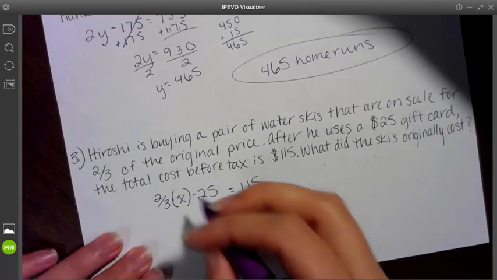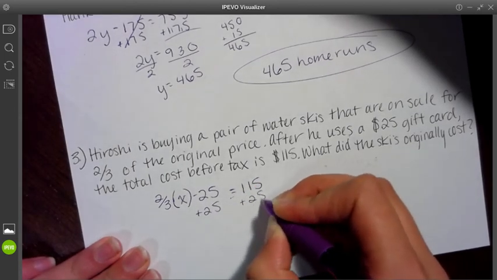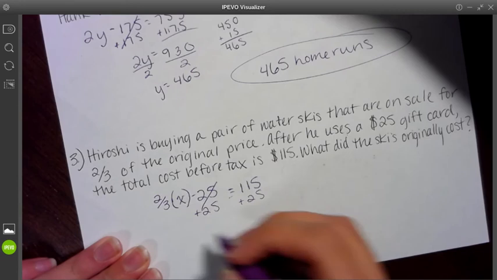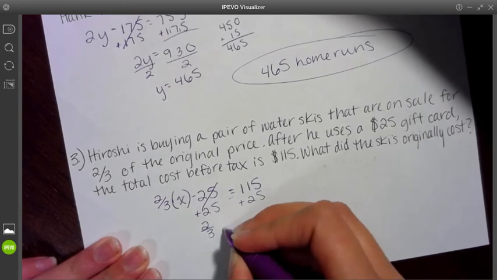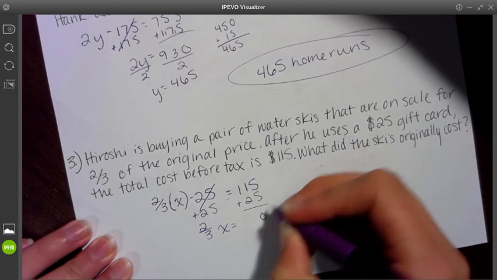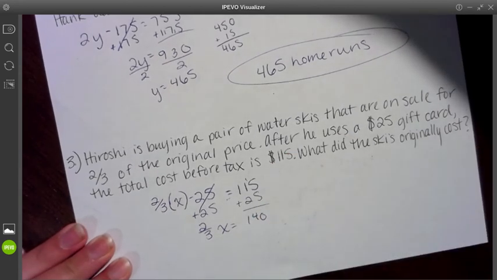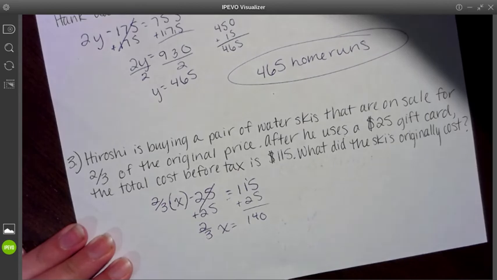So, PEMDAS in reverse order. Gonna add 25 to both sides. Those 25s will cancel. We're left with 2/3 times x equals, gonna add these up, 140. Tell me if I did it wrong, but I think I got it.